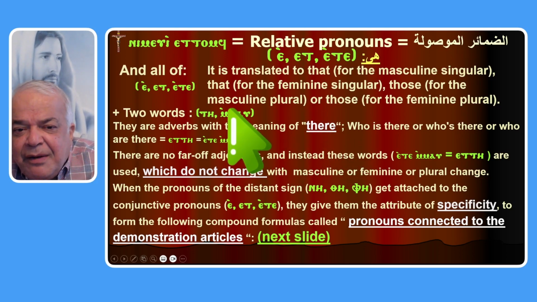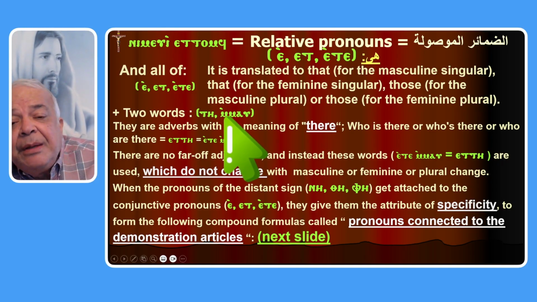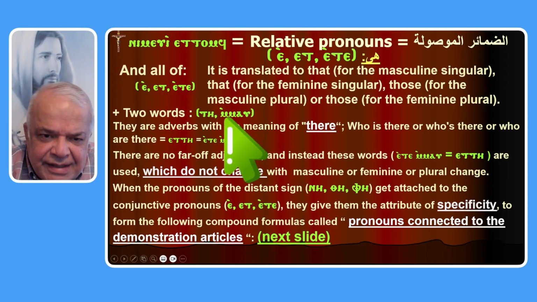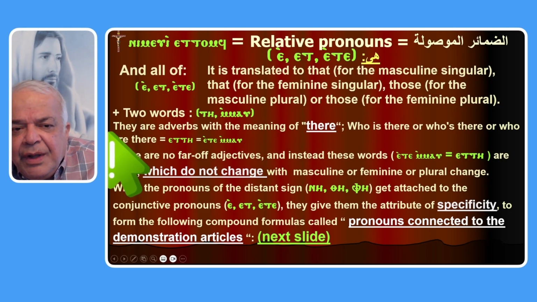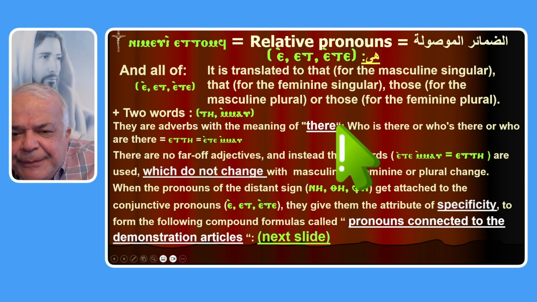And I used emmav as an article of addition for possession before it, since it starts with the letter mu, one of the 6 labials, as I told you. So two words, T and emmav, are adverbs with the meaning of there.